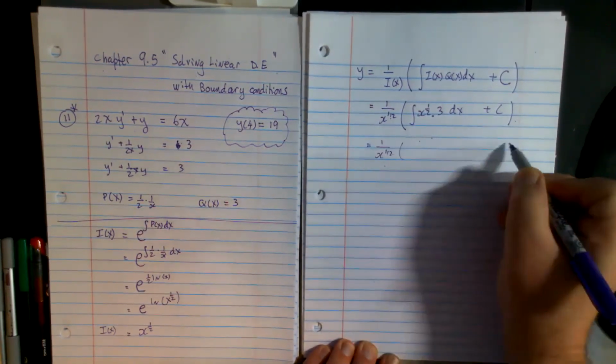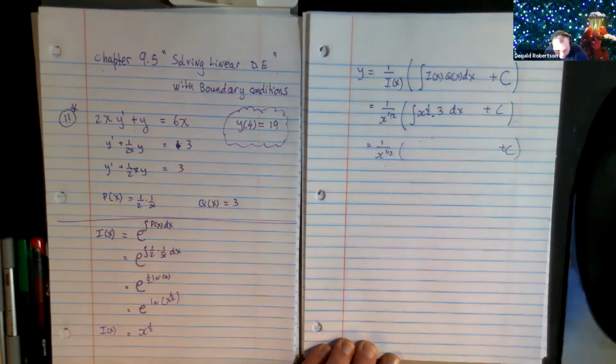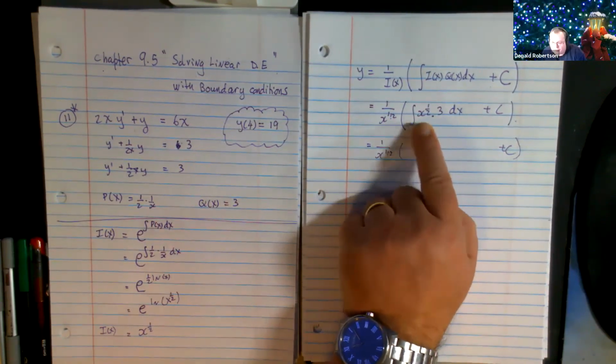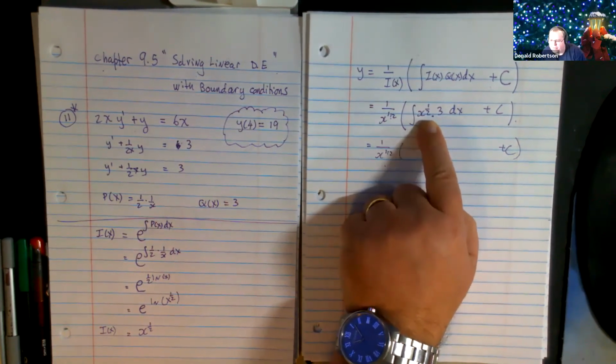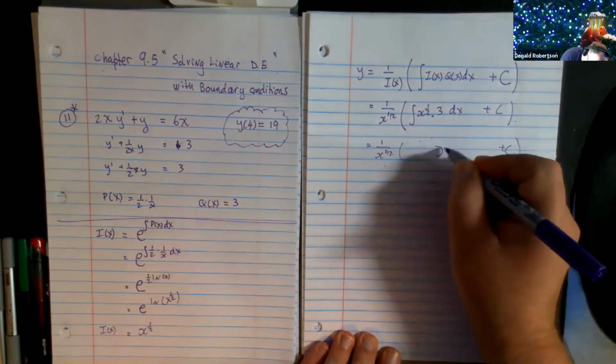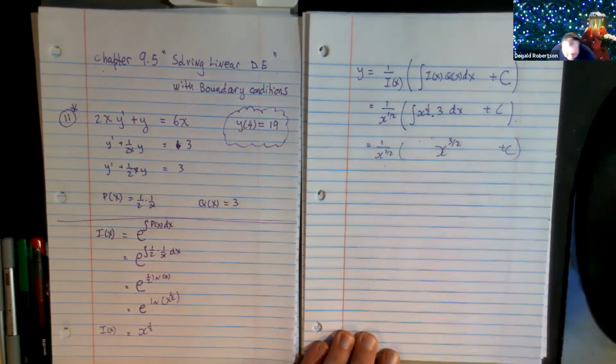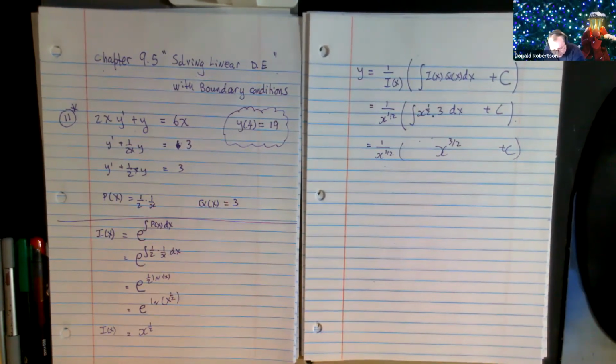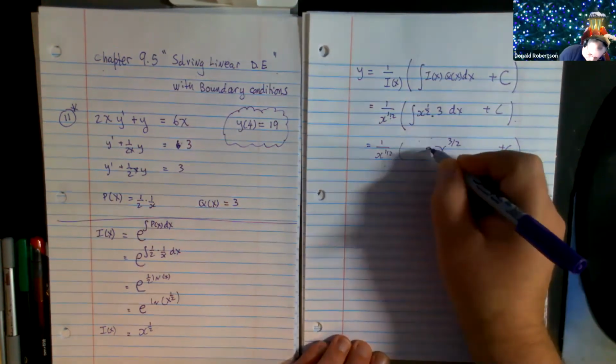To save a little bit of time here, that's basically 3 lots of x to the half. I don't want to write that line. So add 1 to the power, and divide by 3/2, which is like multiplying by 2/3. 2/3 times 3 gets you 2.